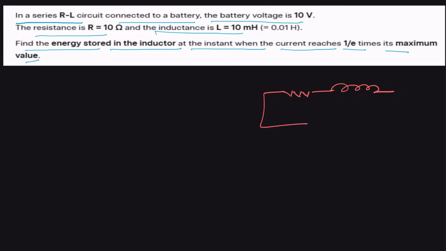And we are connected to a battery, and this is a resistance and an inductor. Resistance is 10 ohm and this is 10 millihenry, and the supply voltage is 10 volt, and we have to find out when the current reaches 1 upon e times the maximum value of the current.